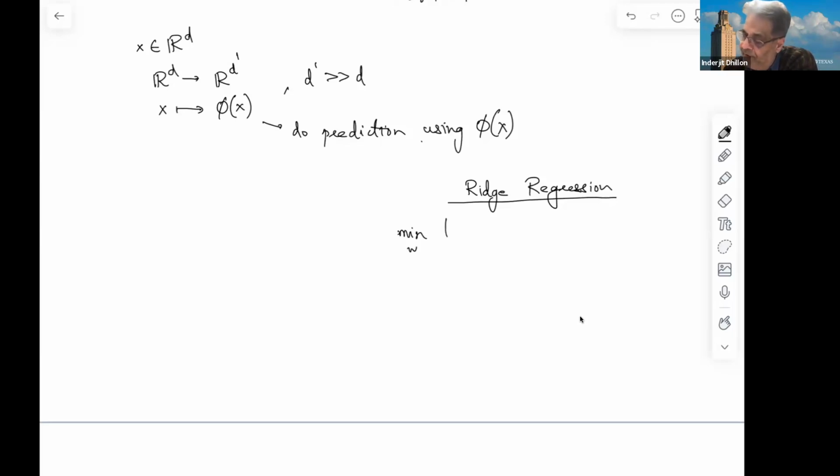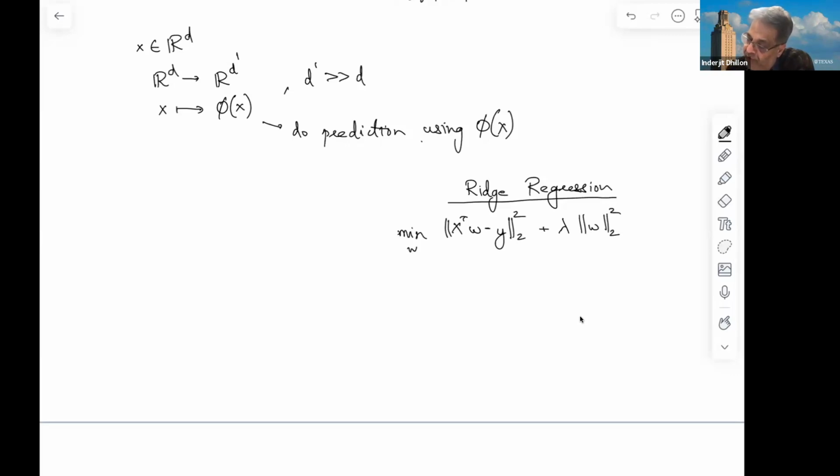Remember the fit, since we are still talking about least squares regression, is measured like this. And then I have regularization, which is lambda times the 2-norm of W squared, the sum of the squares of the coefficients.